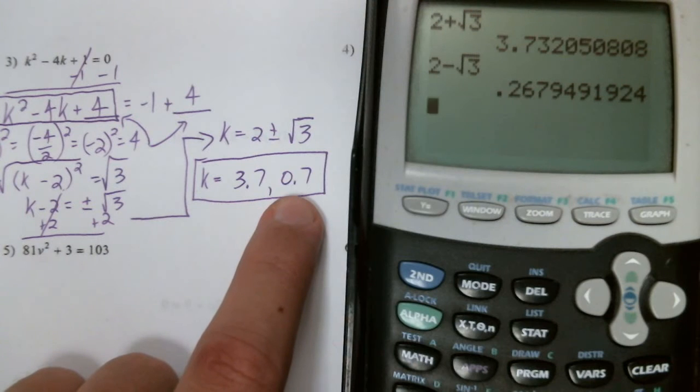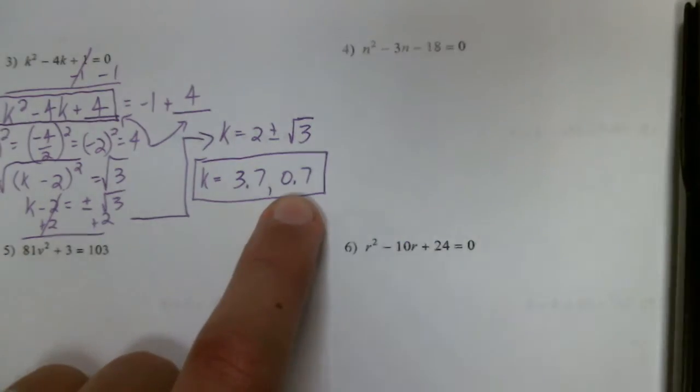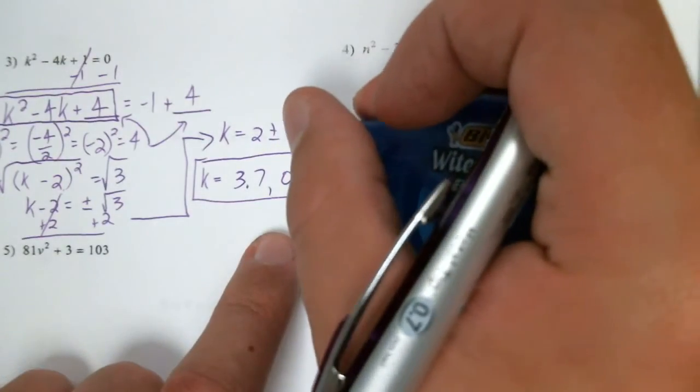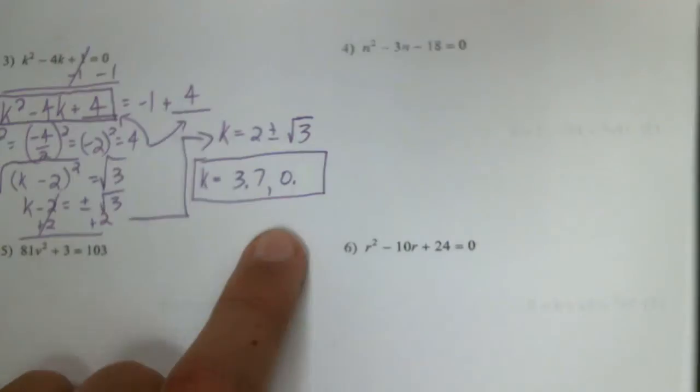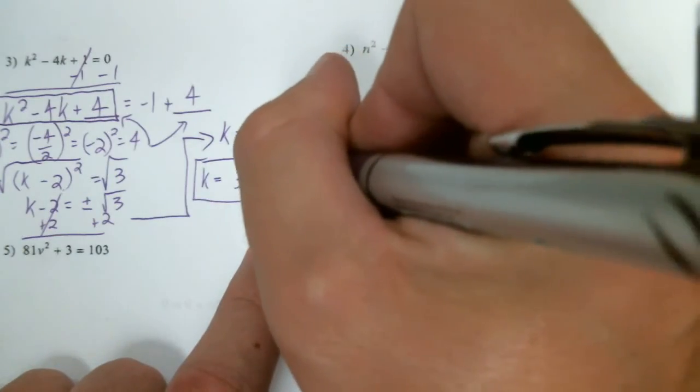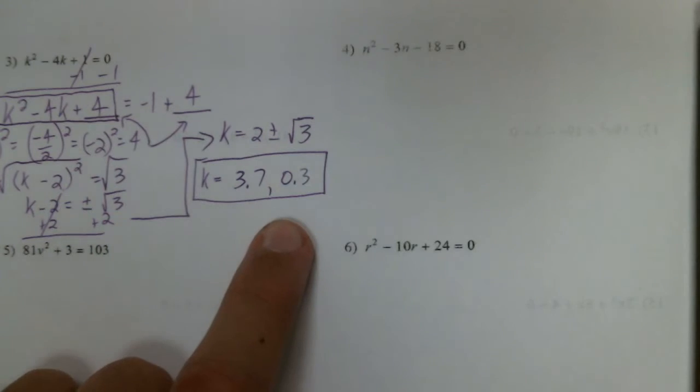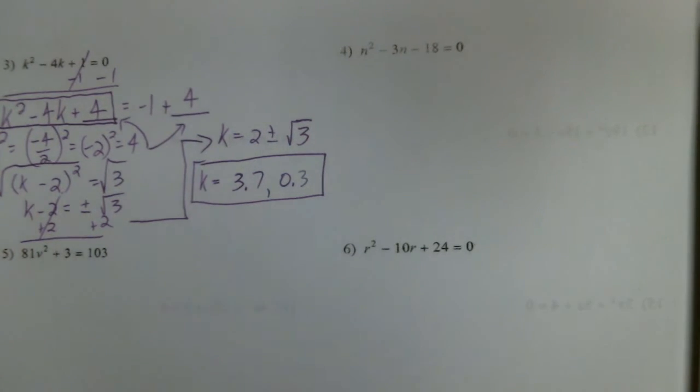And actually that should be 0.3, not 0.7. Yep, change that real quick. 0.3. So 3.7 and 0.3 are the decimals.